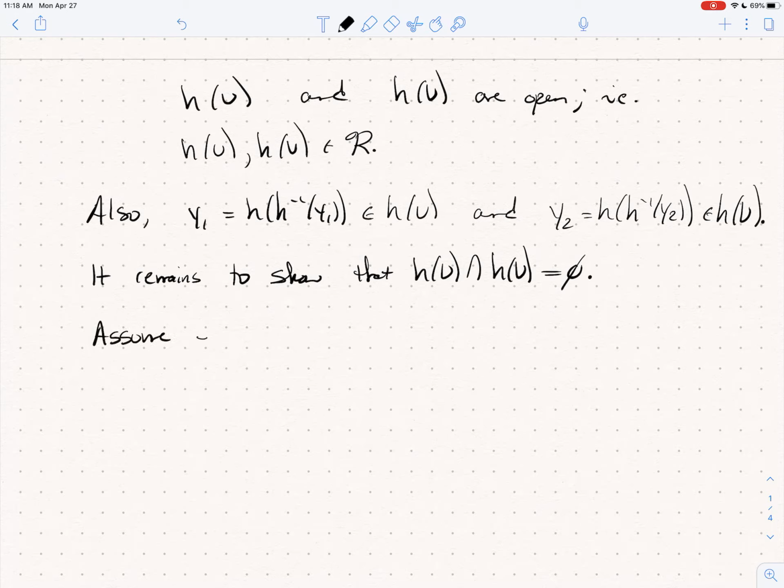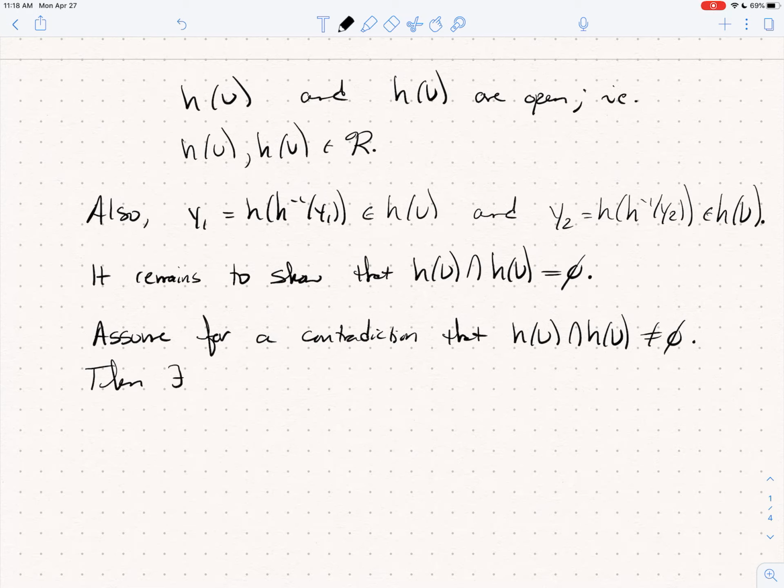Assume for a contradiction that the intersection isn't empty. That means there exists some Y in H of U intersect H of V. It's in both of them, it's in the intersection.